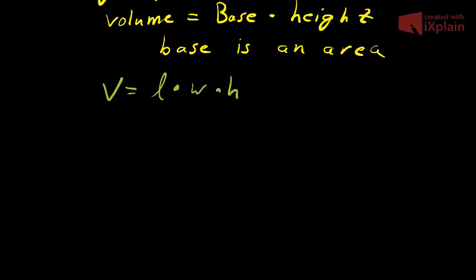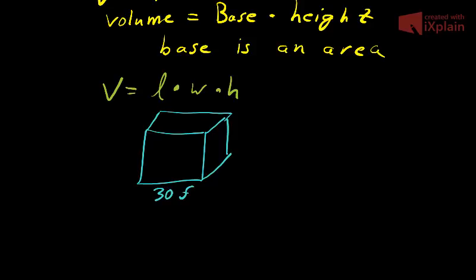If I have, I'm trying to draw a prism. So this right here is a box, and we're going to say that the dimensions of this box are 30 feet by 30 feet by 10 feet. Alright, so our volume is going to be the base times the height.